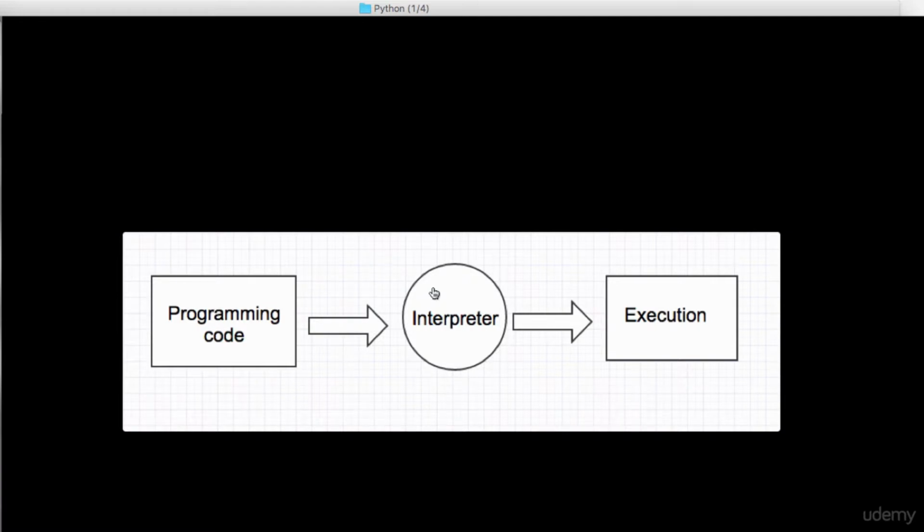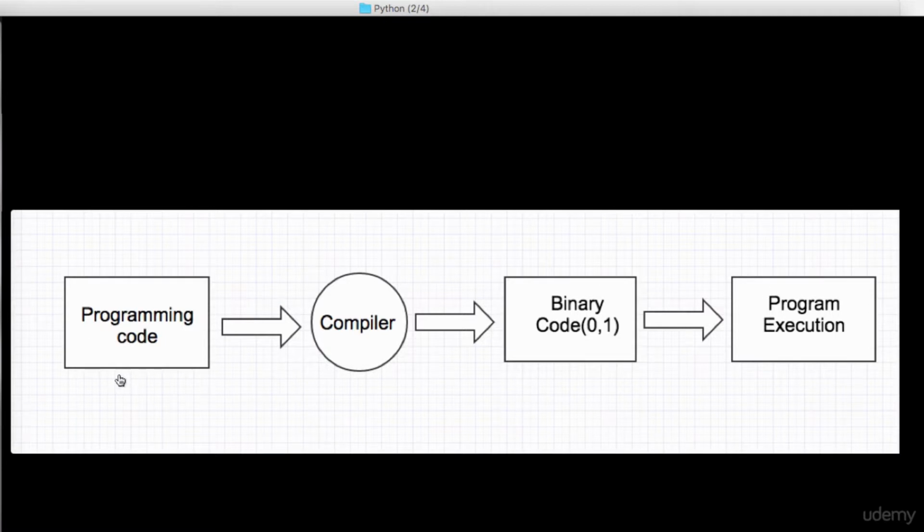What actually is meant by a compiler, or the compilation language? All right. So compilation is nothing but the process of converting the entire programming code you have written into the language that can be understood by the computer, which is in the form of 0s and 1s. A machine is able to understand a language which is binary, that is 0s and 1s.